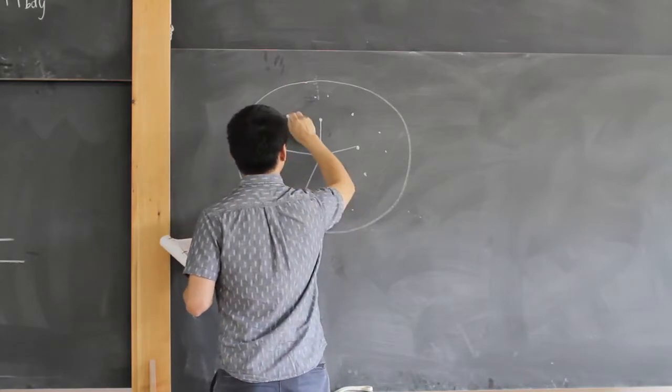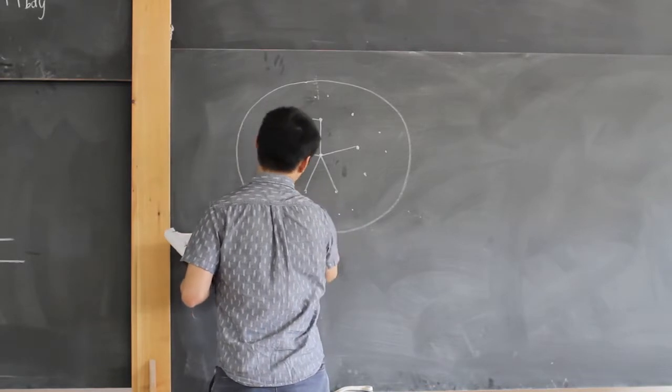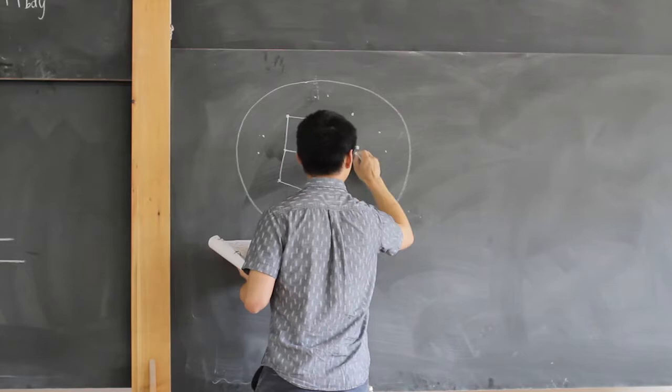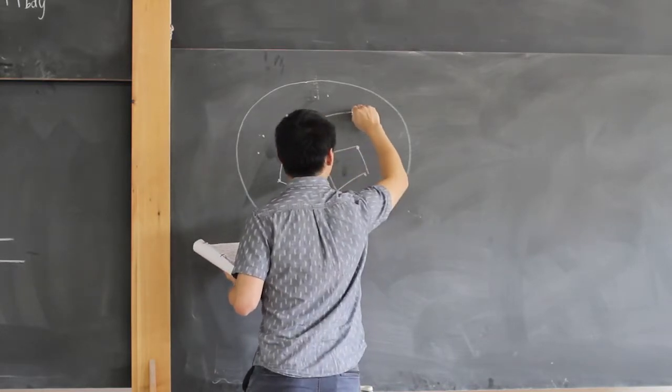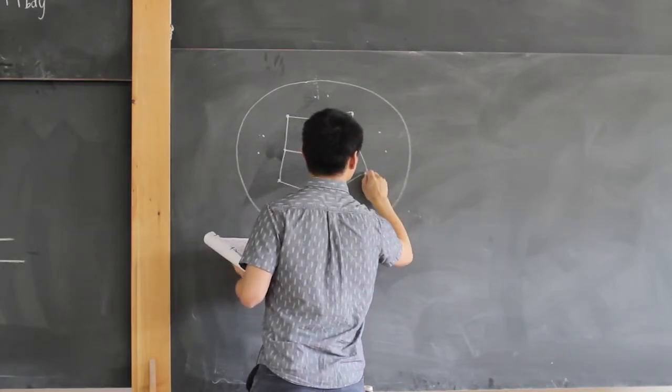It turns out that one can get this by using some symmetric tiling of the hyperbolic space. And in this case, it's the so-called pentagon tiling of the hyperbolic space.